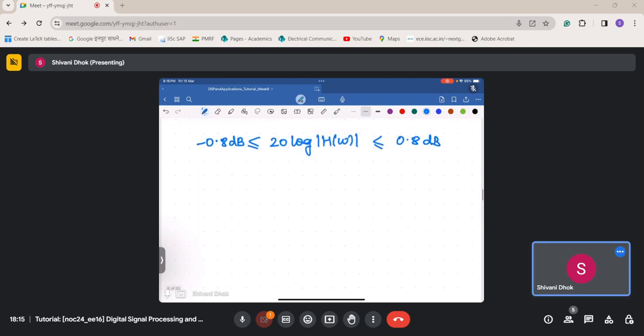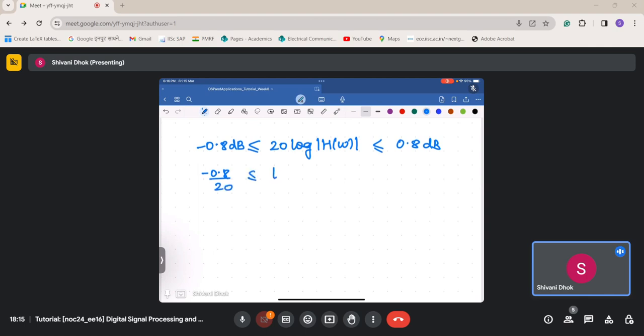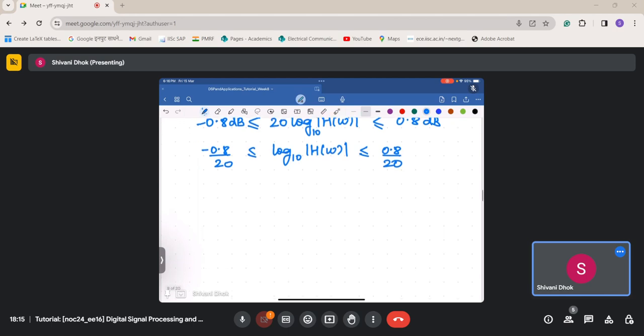So then I can write this as 0.8 by 20 less than or equal to log. Since it's a dB quantity, it will be log to the base 10. Then I can write this as 10 to the power minus 0.8 by 20 less than or equal to magnitude of H of omega less than or equal to 10 to the power 0.8 by 20.